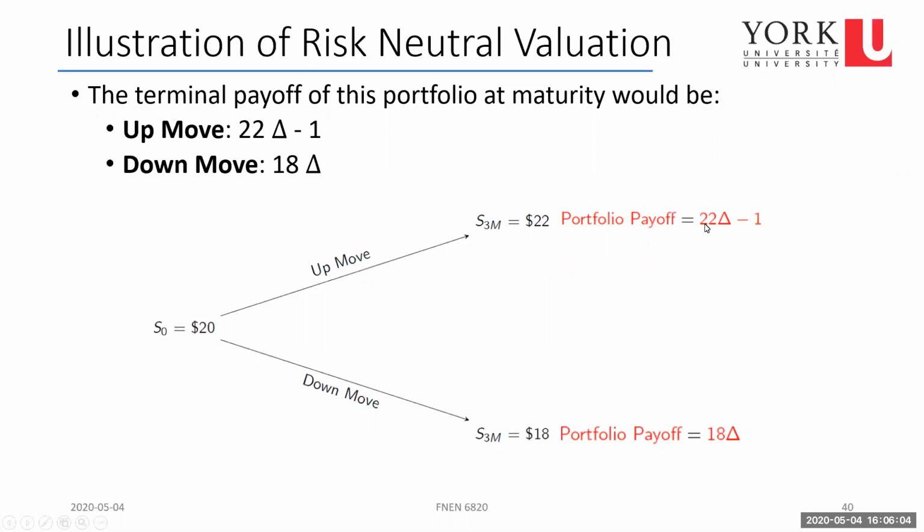So the portfolio value is 22 times delta minus 1. Now, if the world is the down world, where the stock is traded at 18 in 3 months, the asset C is worth nothing. So in this case, the portfolio we have created is only worth 18 times delta.